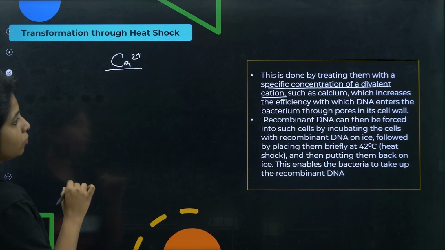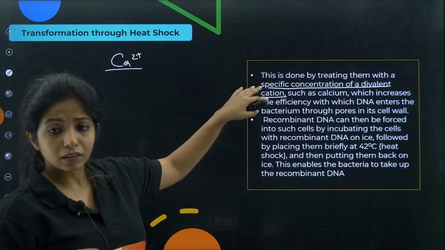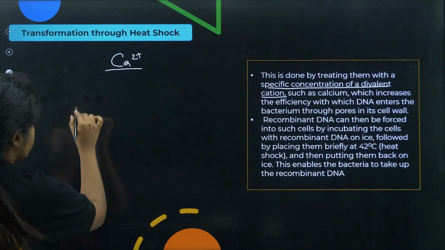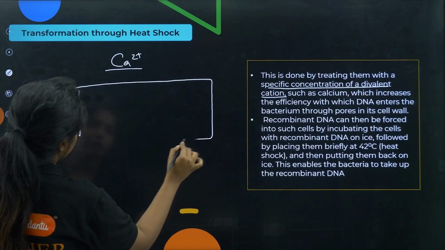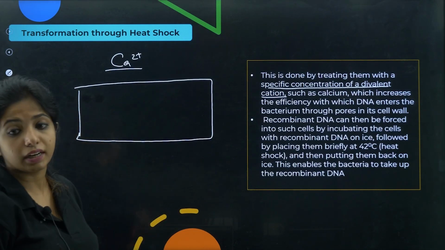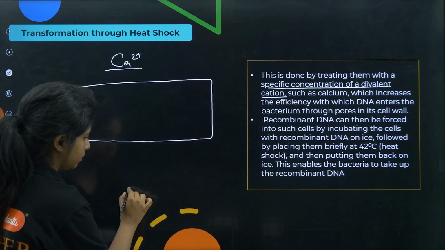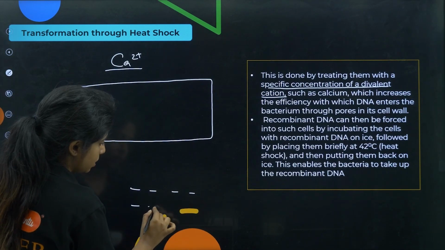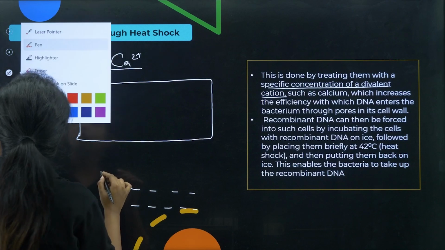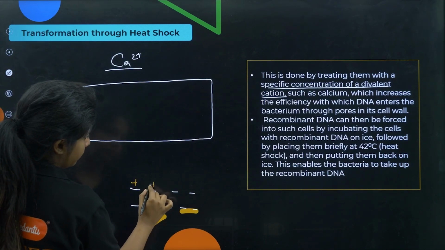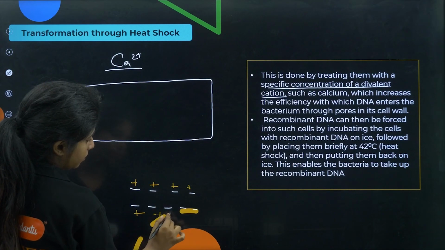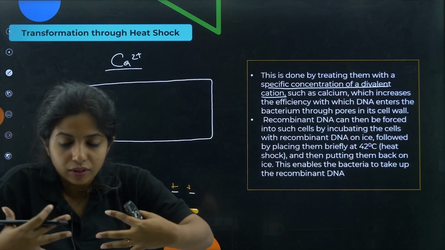So over here, what I am doing, children, is treating my particular host with divalent cation. What is the use of divalent cation? Basically, the negative charges get shielded. The cations that are there will shield the negative effect, like how you shield with a blanket, right?